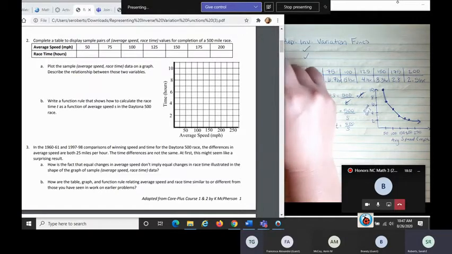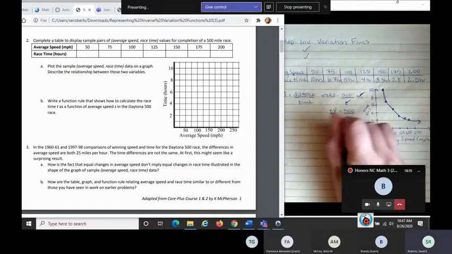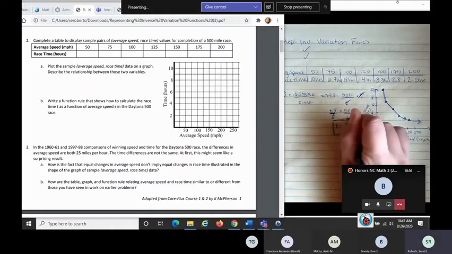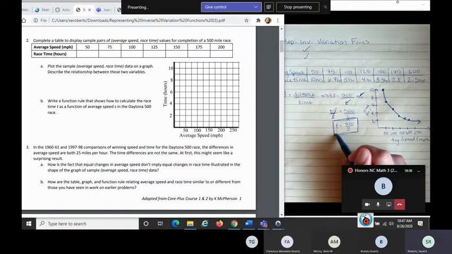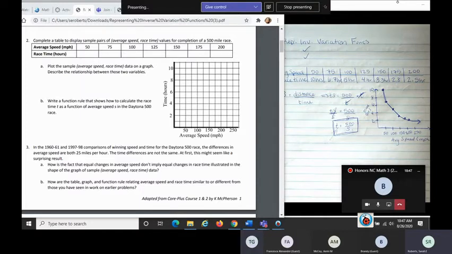That's what we did right here. Okay, so race time as a function of speed for the Daytona 500. It's always a 500-mile race, so that 500 won't always be there. So part B, we kind of did to solve part A.